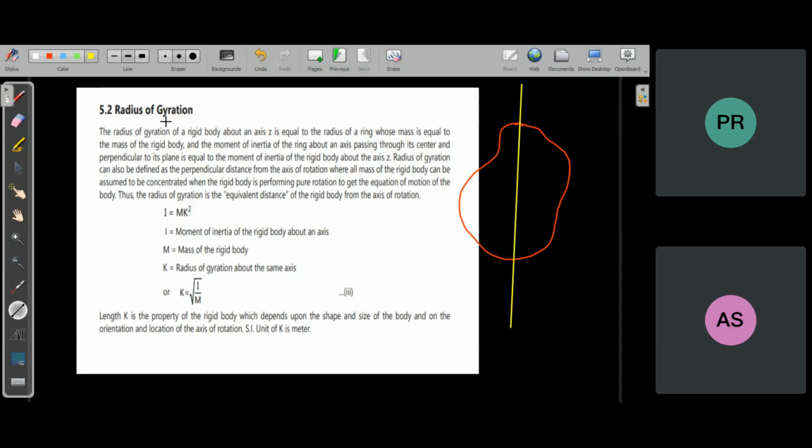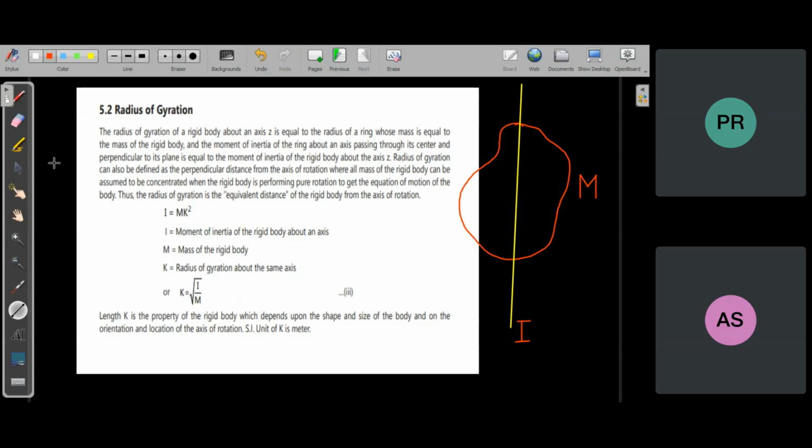Let's take the total mass of the body as m, and the moment of inertia about this axis of rotation we call I.